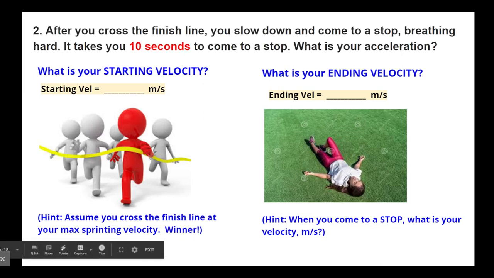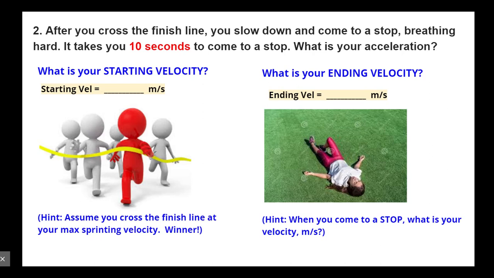What is your acceleration? Well, our first step is to calculate the change in velocity. Before we can calculate change in velocity, we have to identify and determine starting velocity and ending velocity. Remember, we're thinking about that last part of the race, not the entire race here for question number 2.